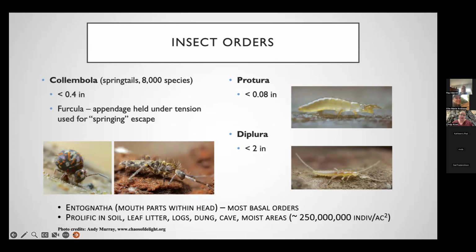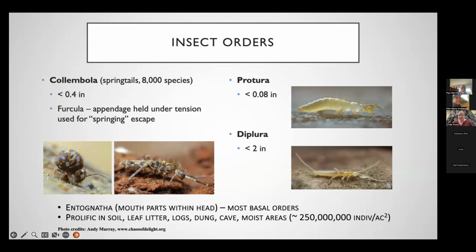They have a furcula, which is an appendage on the underside of the abdomen that is held under tension. When you go to touch a springtail, they move that furcula and are able to spring off of whatever substrate they have and jump like a flea, pretty far and pretty high for such a small insect.